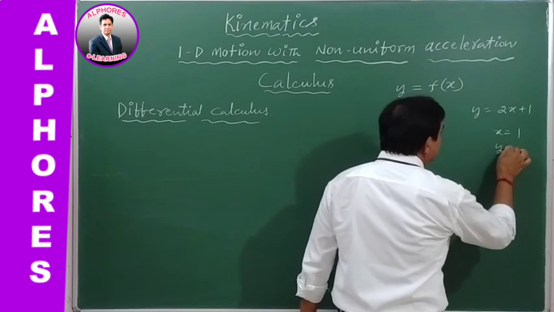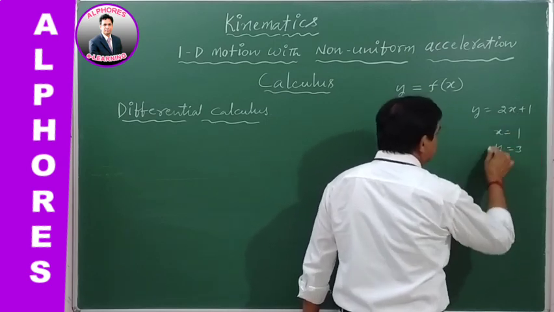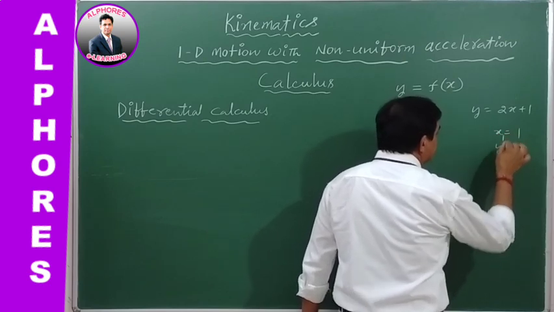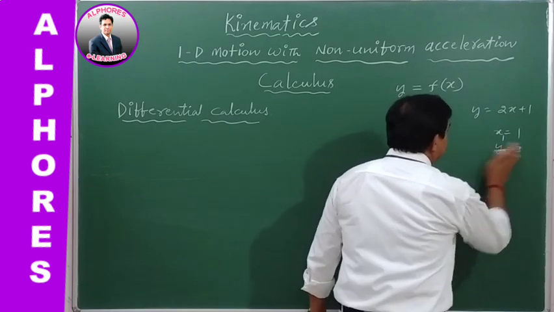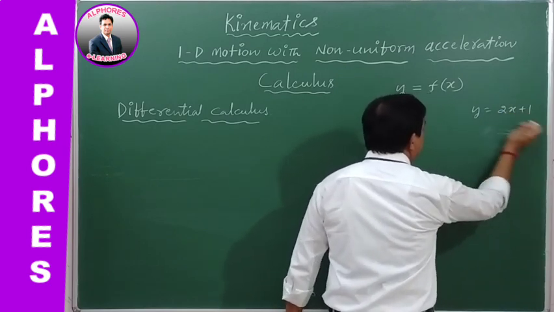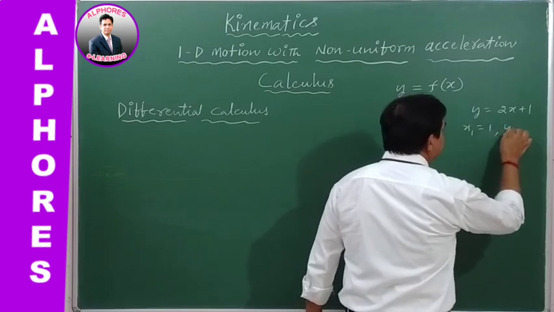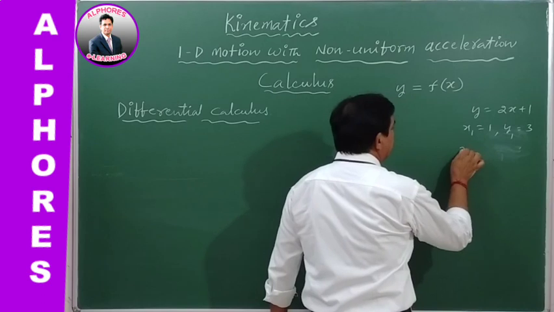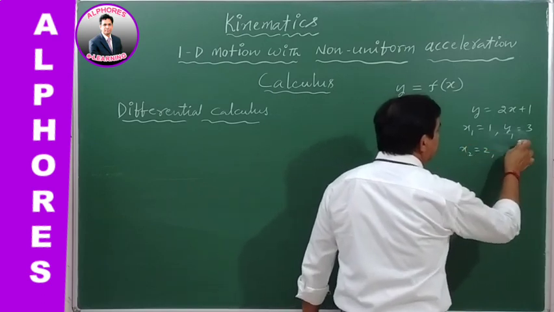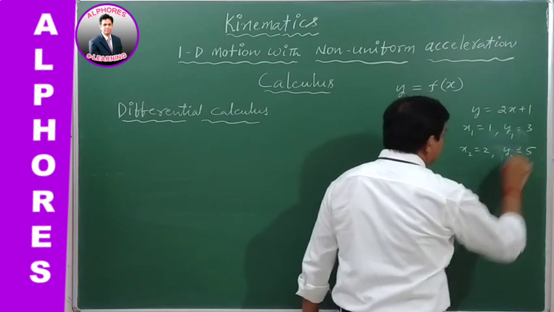See here, suppose we put x equal to 1. What is y? y is equal to 2 into 1, 2, plus 1, this is 3. And this is x1, this is y1. And say x2. Put x1 equal to 1, then corresponding y1 is 3. Say x2 is equal to 2, corresponding y2 is equal to 2 into 2 plus 1, this is 5.